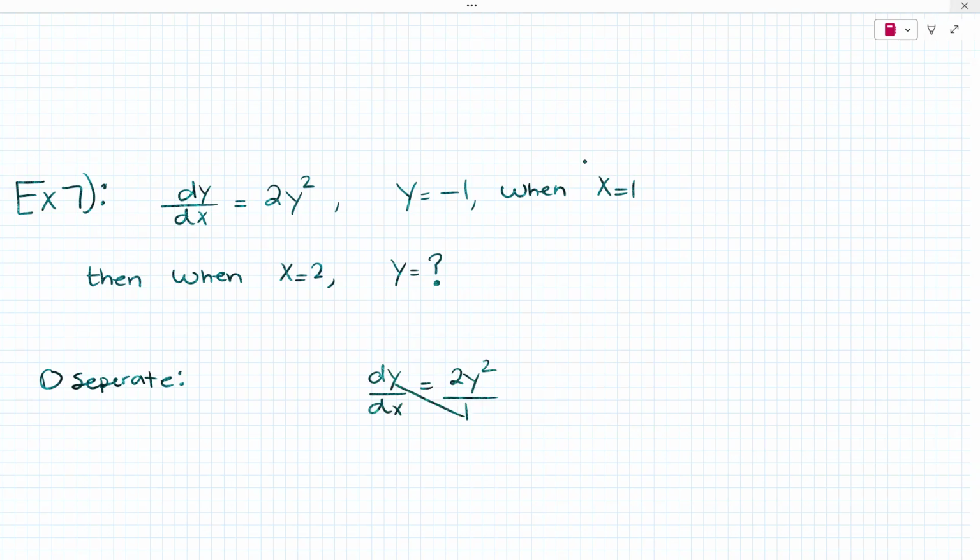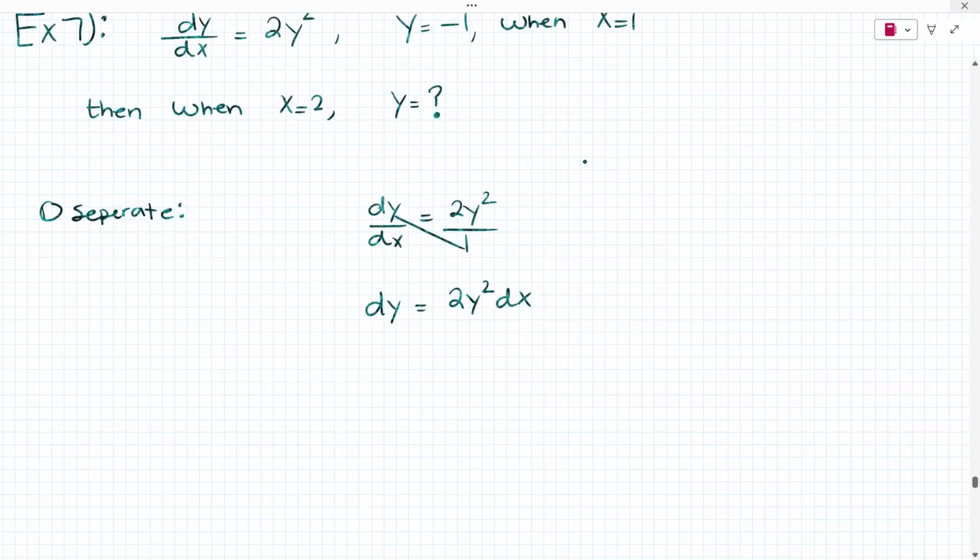So 1 times dy is dy, and 2y squared times dx is 2y squared dx. And then what you would do is get all the letters together. So move this y squared to the left by dividing both sides by y squared. I get 1 over y squared dy equals 2 dx, right?